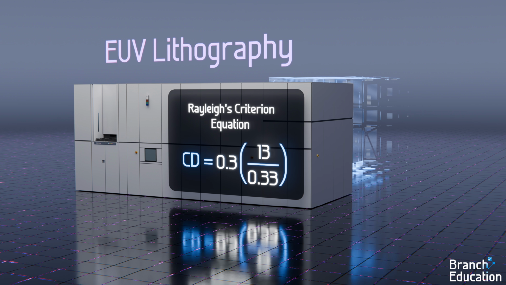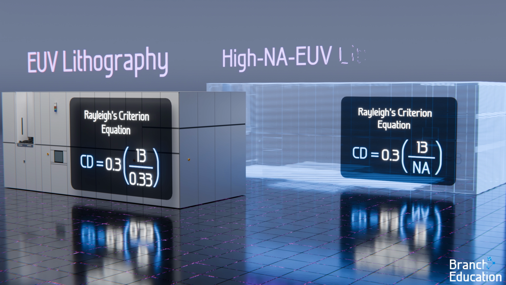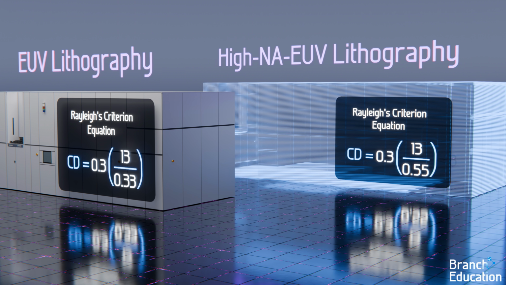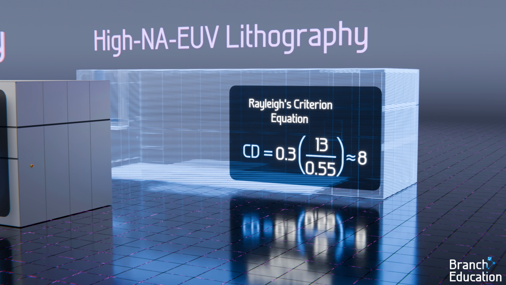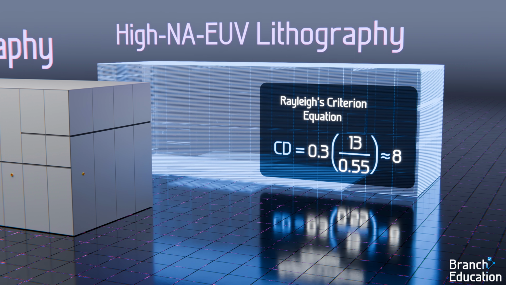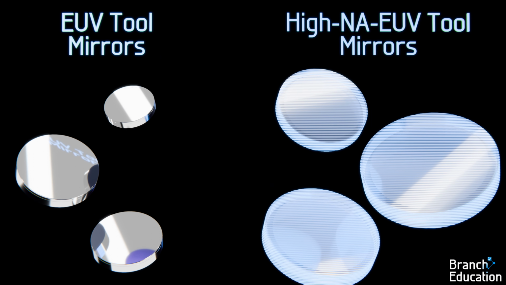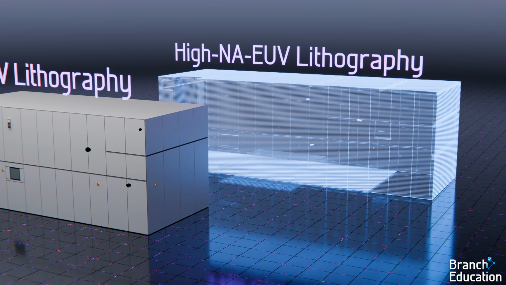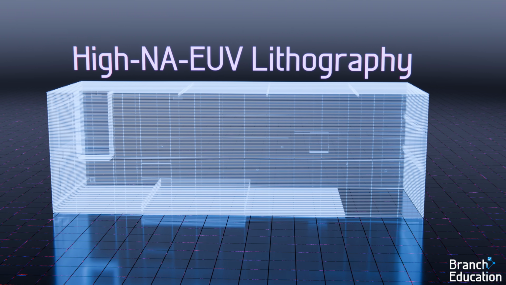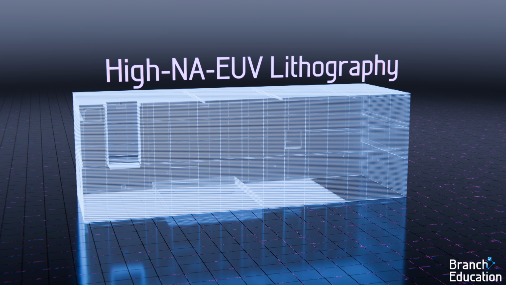However, the next generation of EUV lithography systems, called High NA, increases this to 0.55, resulting in an 8 nanometer critical dimension. Increasing the numerical aperture to 0.55 requires significantly larger mirrors, which results in a redesign of the entire optics system and other parts of the machine, thus considerably increasing the size and cost of the system.